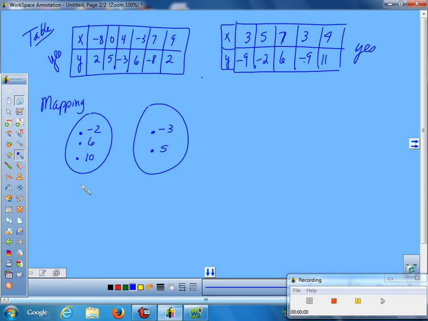The first circle is your x-coordinates, the second circle is your y-coordinates. By my drawing an arrow from -2 to 5, I'm saying when x is -2, y is 5. And if I draw from 6 to -3, I'm just telling you 6, -3 is an ordered pair.